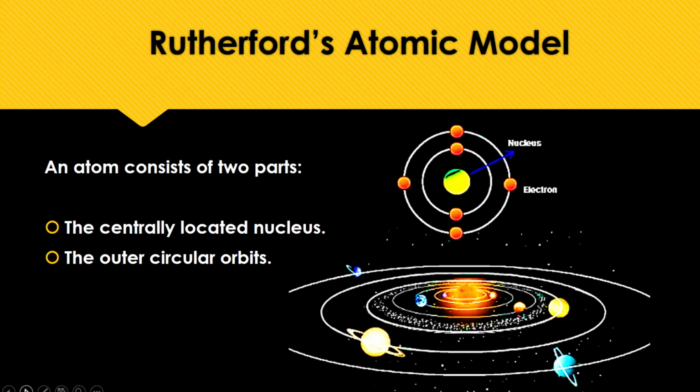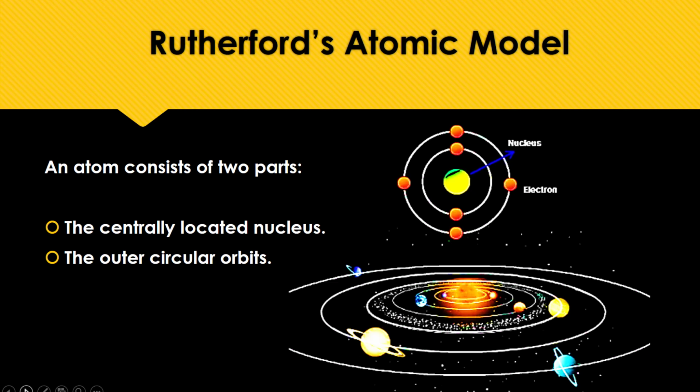So the positive charge is concentrated at the center, and the entire mass of an atom is concentrated at the center of an atom. That is nothing but the nucleus. The nucleus is very small when compared to the size of an atom as a whole.